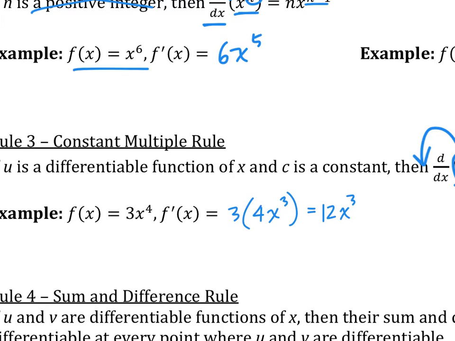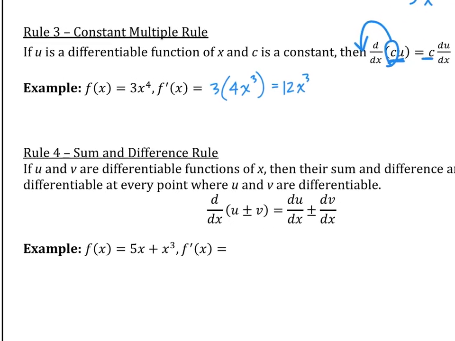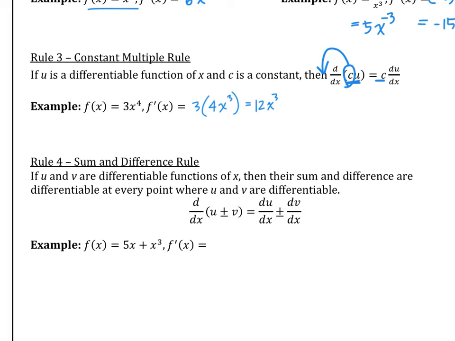So pretty easy stuff. Number 4, sum and difference rule. Very easy. It's just saying that if you have, instead of one function, multiple functions added or subtracted together, like u plus or minus v, then you just take the derivative of each one separately. So for example, if the function were 5x plus x cubed, then the derivative would be the derivative of 5x, which is 5. Remember, this is really x to the 1st, right?